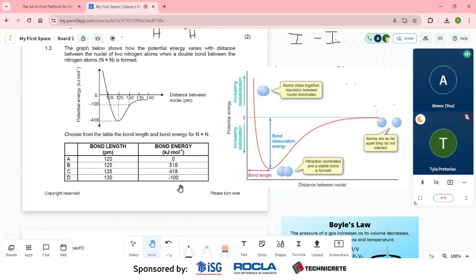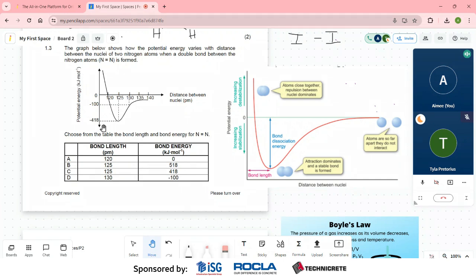So if we're looking for bond length, we're looking from 0 to the peak of our graph, which is 125. Then we're looking for bond dissociation energy, which is from this point up until the peak on the y-axis, which means our bond energy is 418 kilojoules per mole.